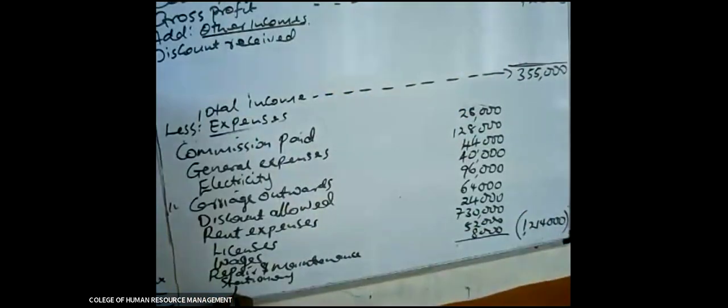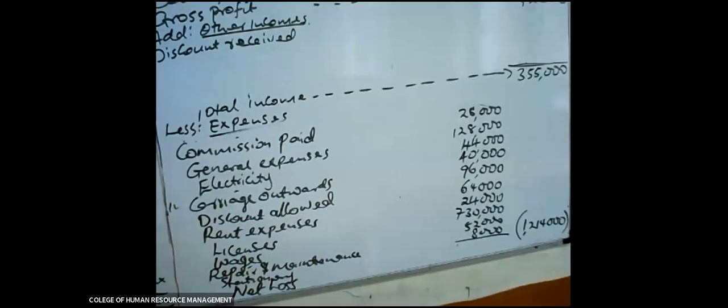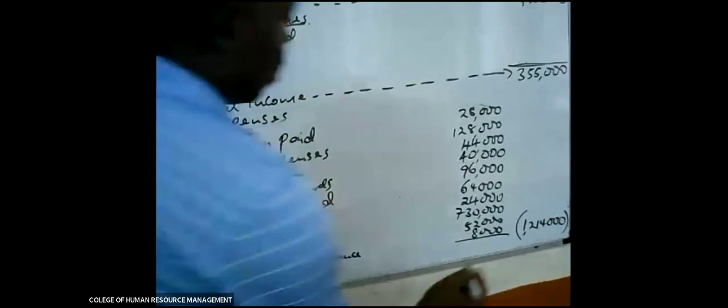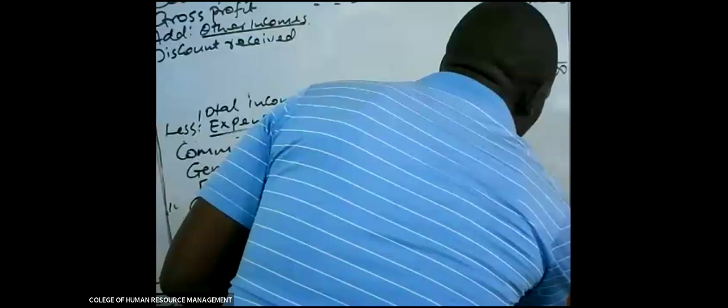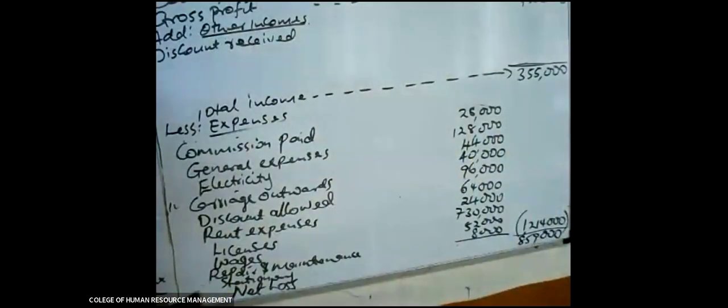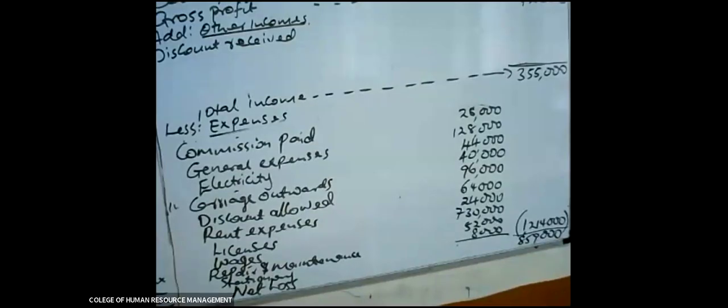So if this income is less than the expenses, then the business will realize what we call the net loss, of how much? The total income minus the total expenses, negative 859,000. And that is the answer.